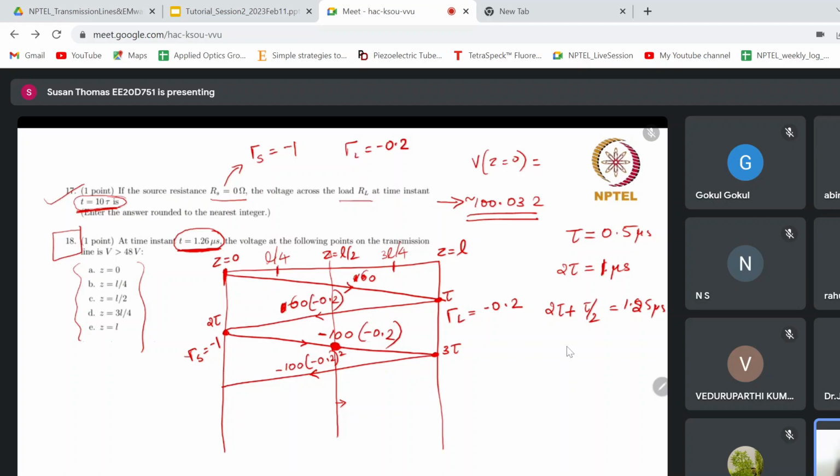Let's have a change. Gamma s is minus 0.2. This is a part of the first question only, so that's why I'm making these changes. So let us make it 60. 60 into minus 0.2, 60 into minus 0.2 whole square, 60 into minus 0.2 whole cube.